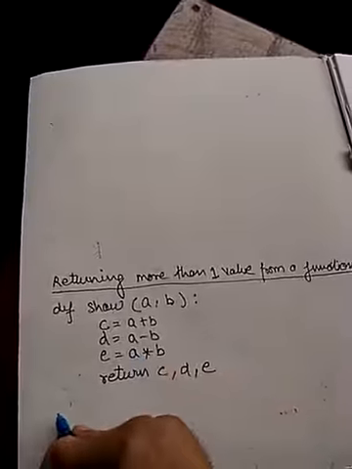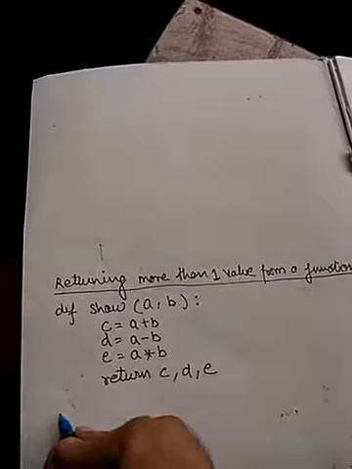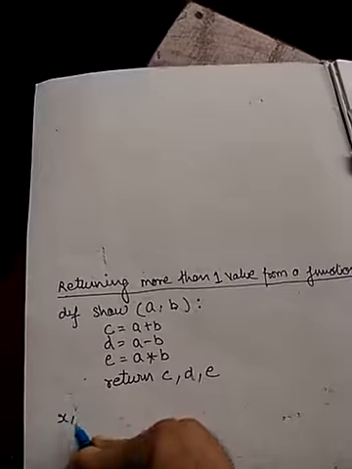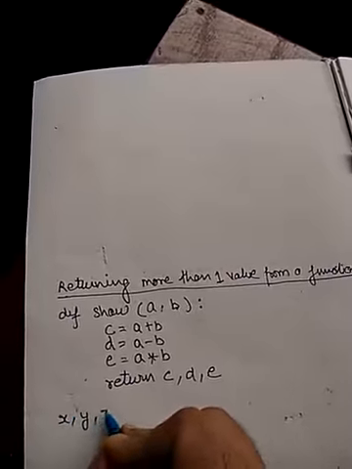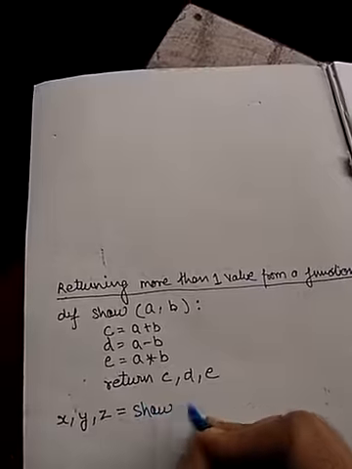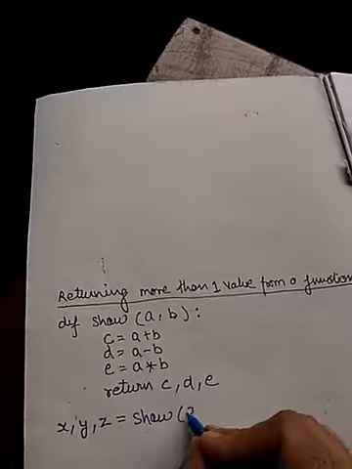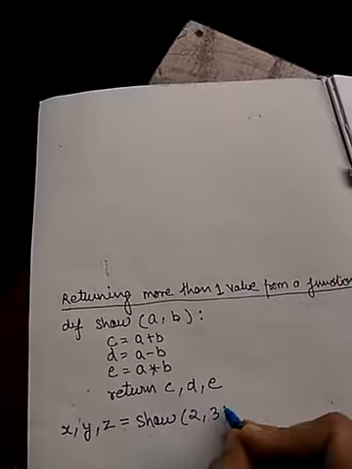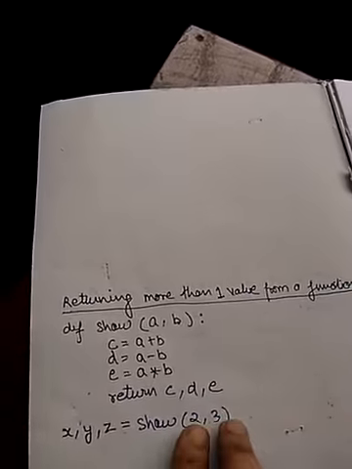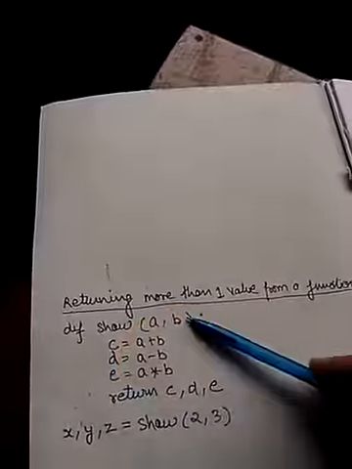As I have told you, you have to use variables to store those values. Let us take x comma y comma z is equal to show, and suppose we have passed 2 comma 3. So this 2 and 3 will move here.